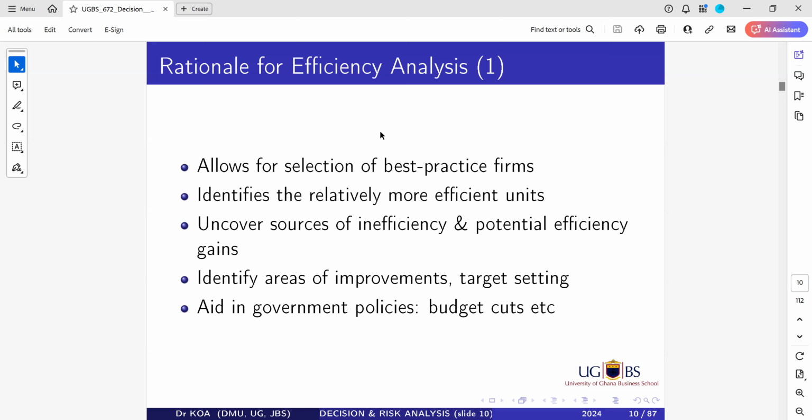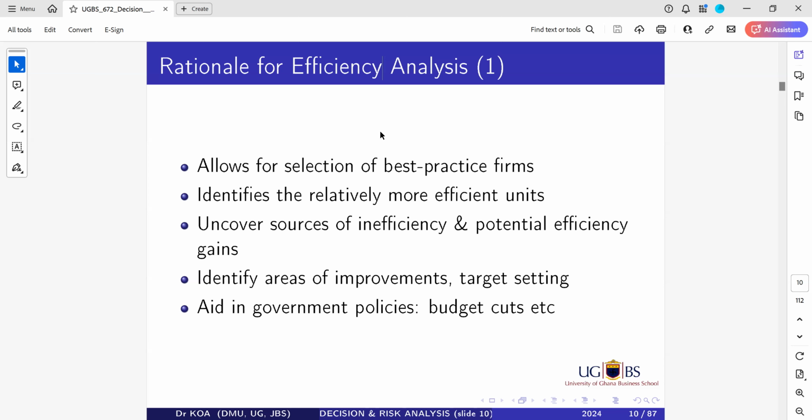The reason, and you will see that very soon, is because it gives you the ability to select the best practice firms, the best practice organizations. The words companies, firms, organizations, decision-making units are the same term that we shall be using in this module. You can select the best guys among every guy in any company.